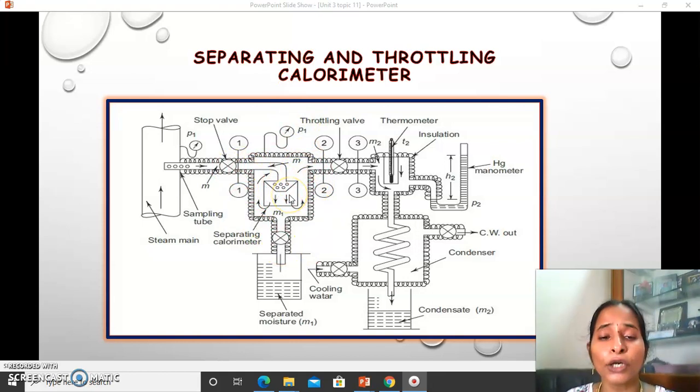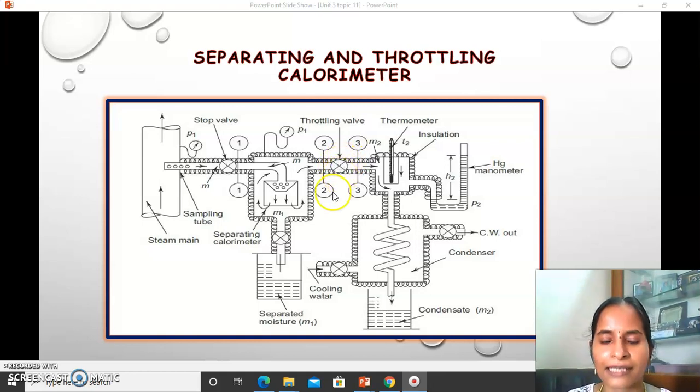What happens here is, due to the inertia of the liquid, the wet steam is made to reverse its direction. When it suddenly reverses direction, the water, because of its higher inertia, comes down, and the gases go away above the separating calorimeter and are made to pass through the throttling device.